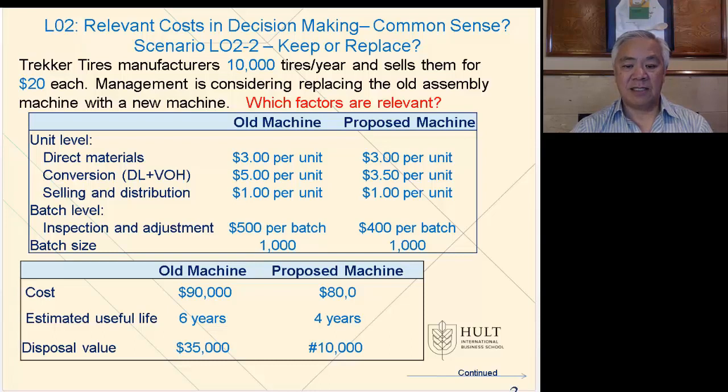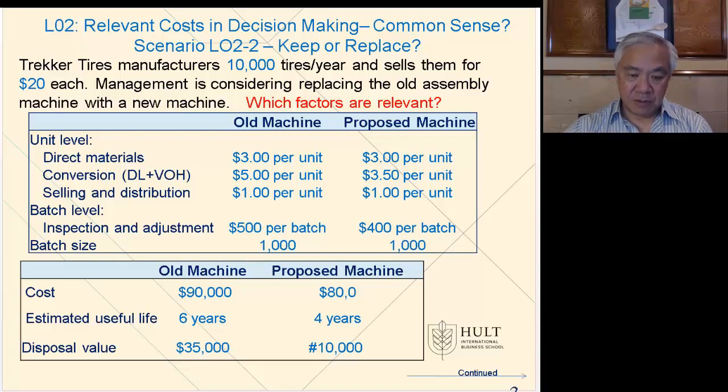And the question is, of the following factors, which ones are relevant? The way to think about it is it has to be future, not in the past, and it has to differ among the alternatives you're considering. I will give you a chance to hit pause now to think about it, and if not, I will just go through and continue to tape in 1, 2, 3.